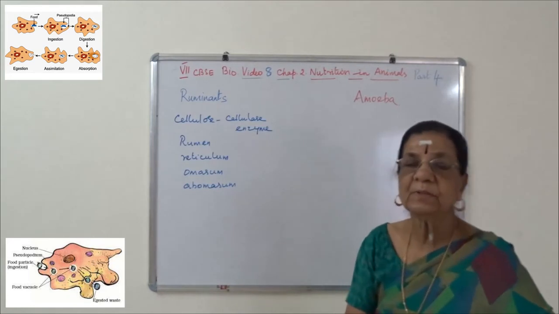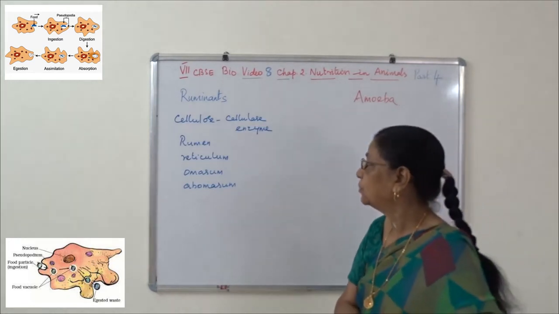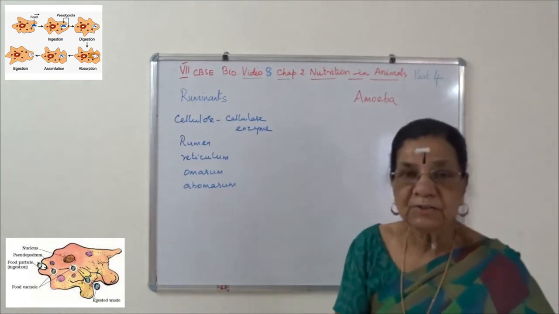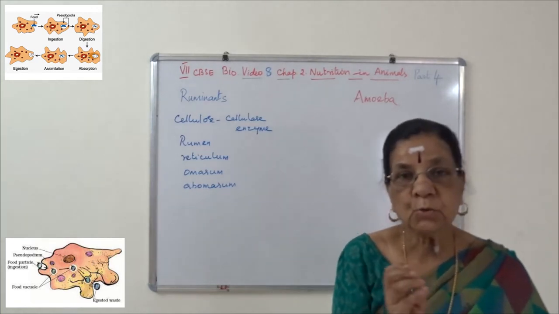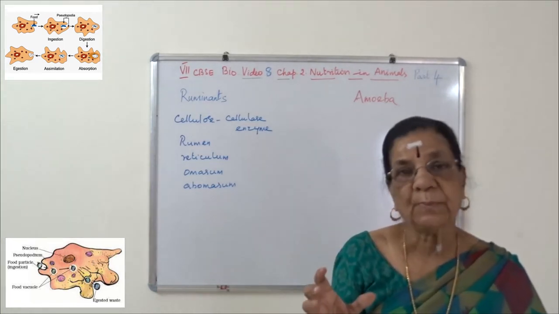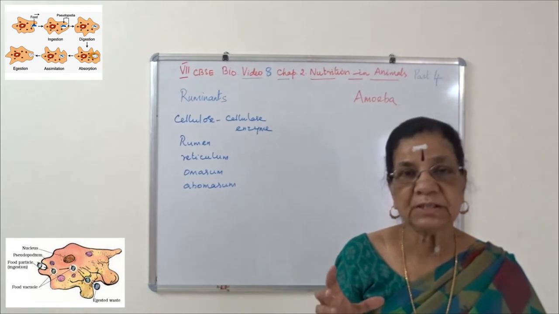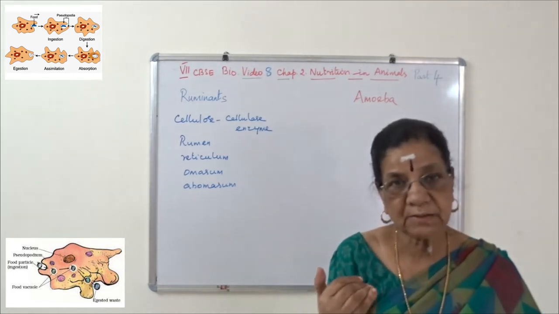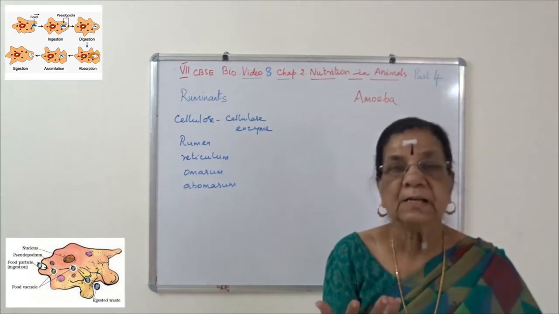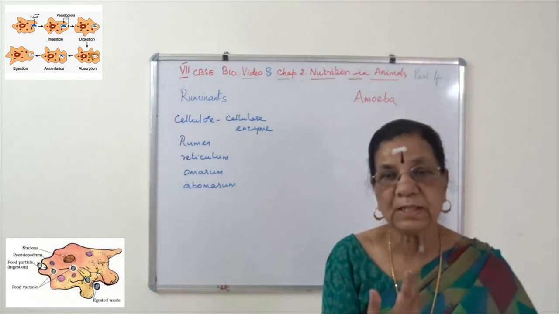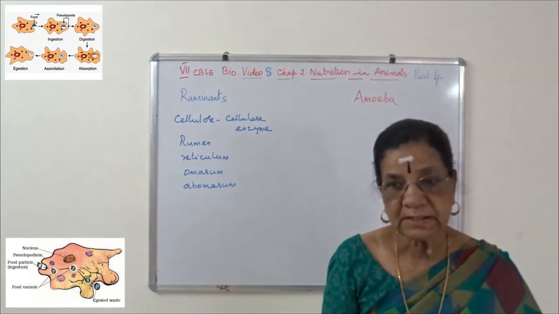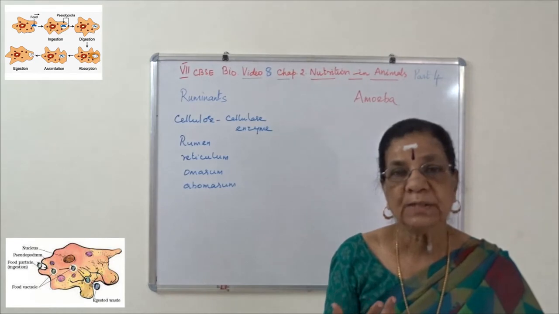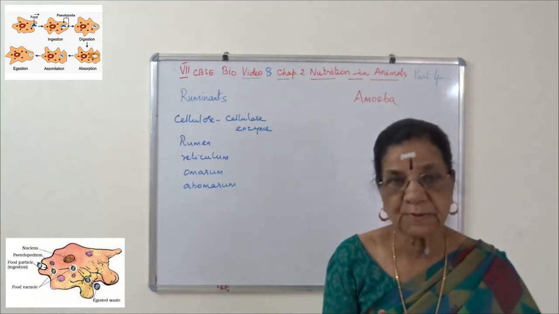Rumen, reticulum, omasum, and abomasum. And of these 4, rumen is the stomach proper, and the other 3 are taking the food, that is the grass. First it is taking in while eating. When taking the food, these ruminant animals will take the food.